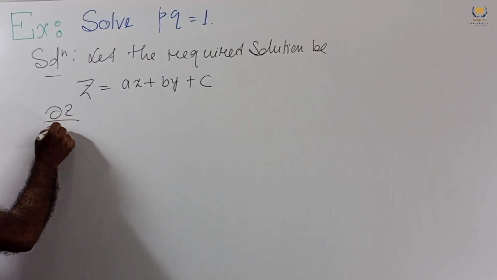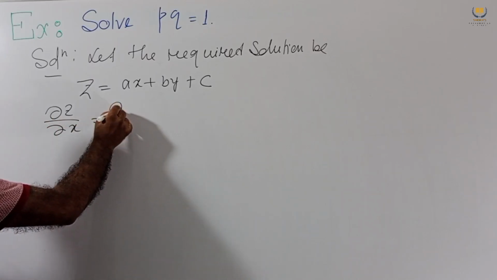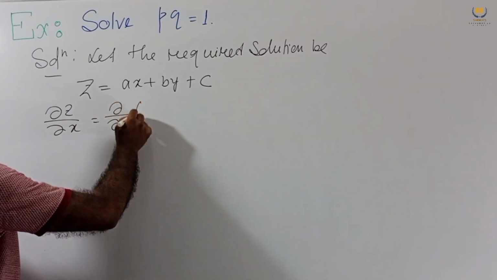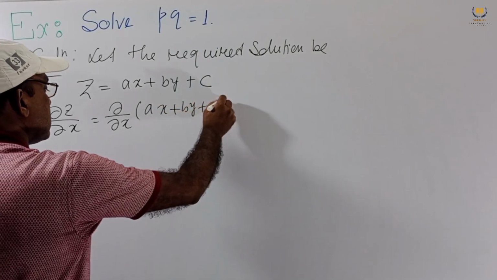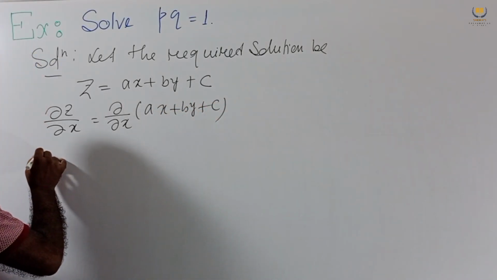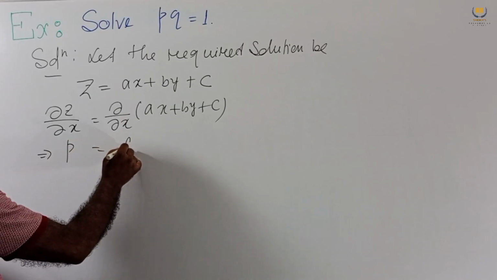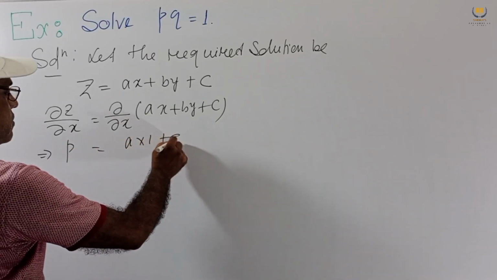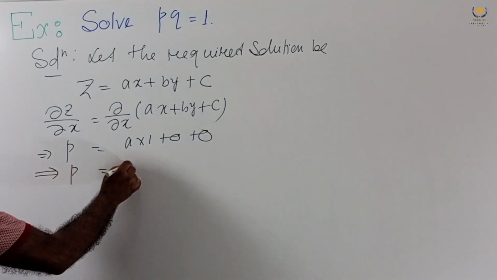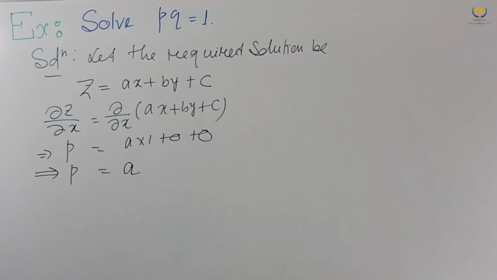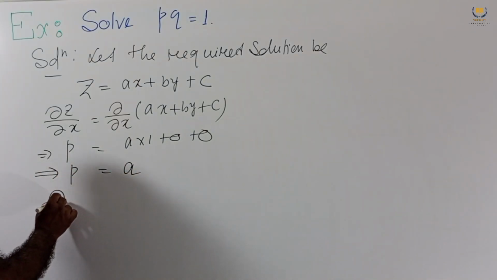Del z del x of ax plus by plus c. This is p, and this is a into 1 plus 0 plus 0. This implies p equal to a. Again we differentiate partially with respect to y.